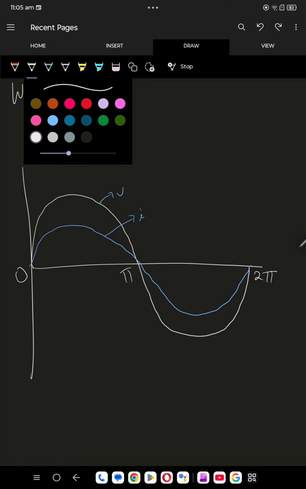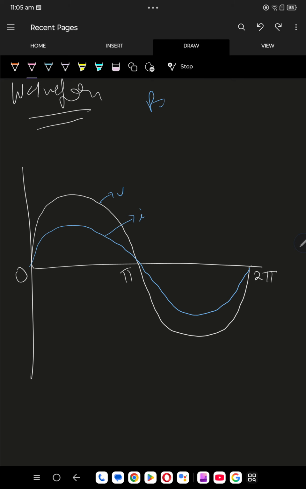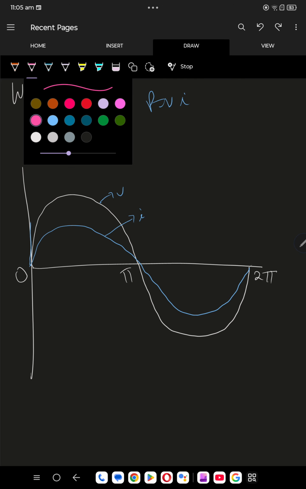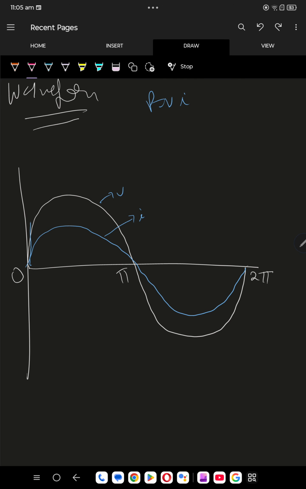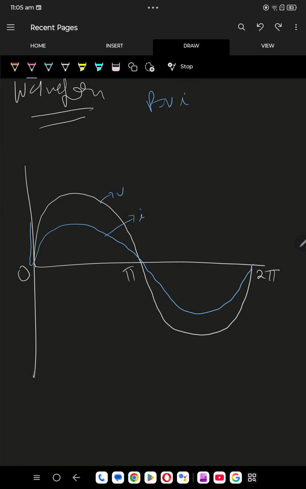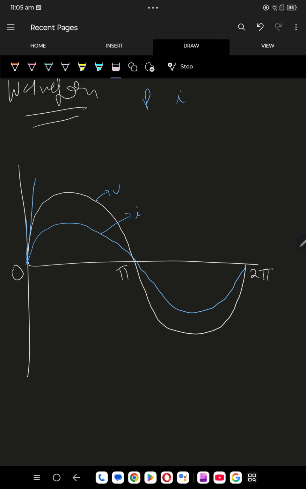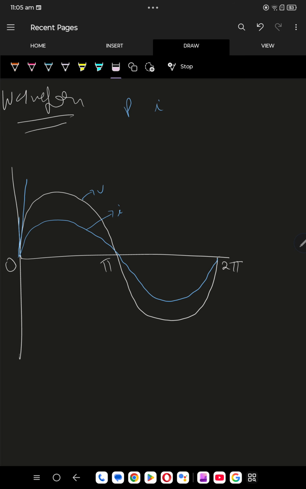Now while drawing power, look at this. Power equals VI, we know that. Voltage and current are both in positive half cycles, so power will also be in the positive half cycle. Here negative, also positive.